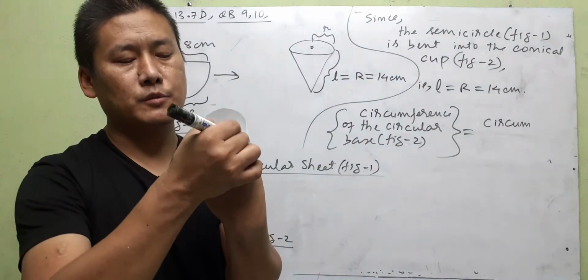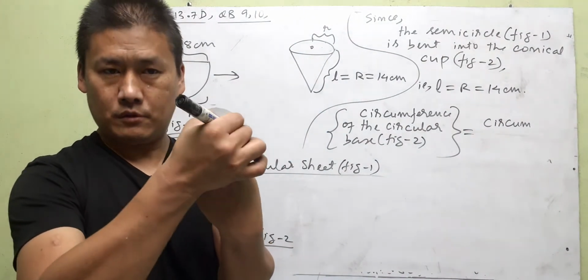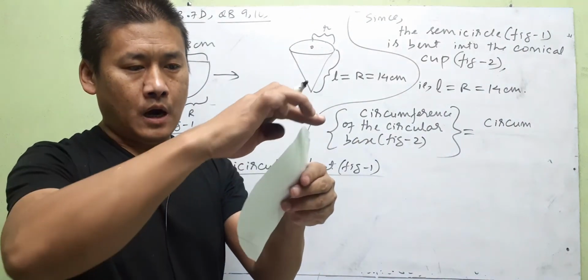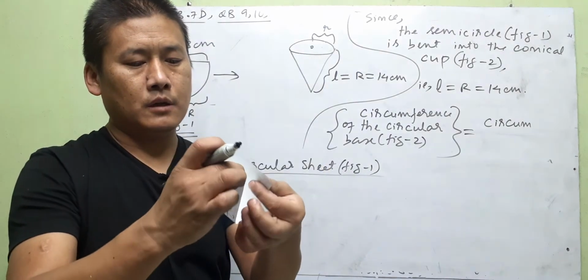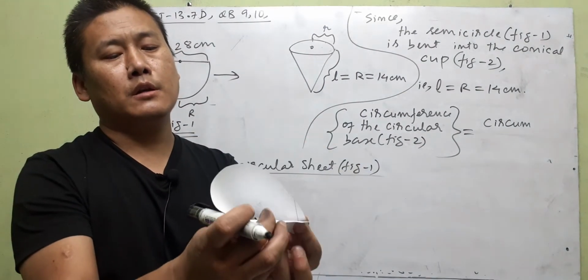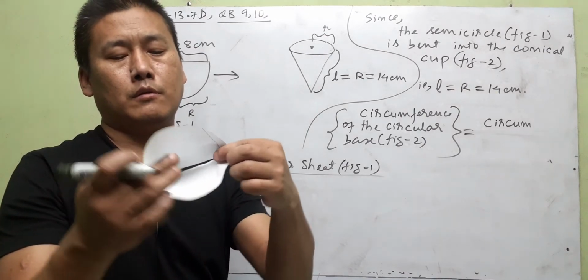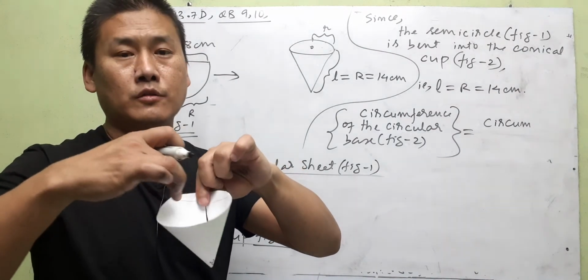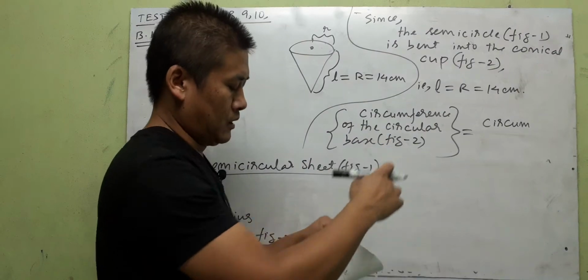Circumference means the distance covered in going one time round the circle. The arc of the semicircle turns into the circumference of the circular base of the cone, which is figure 2.